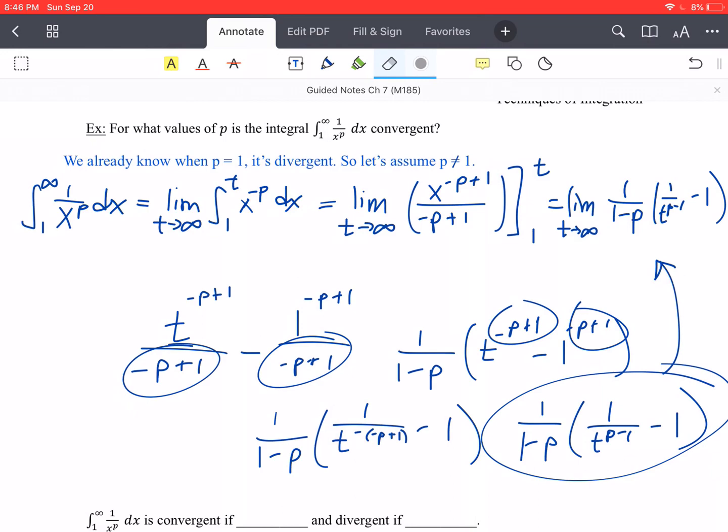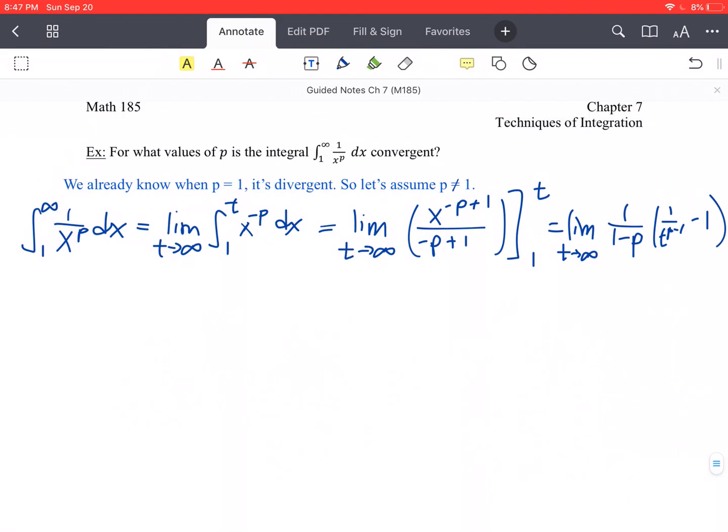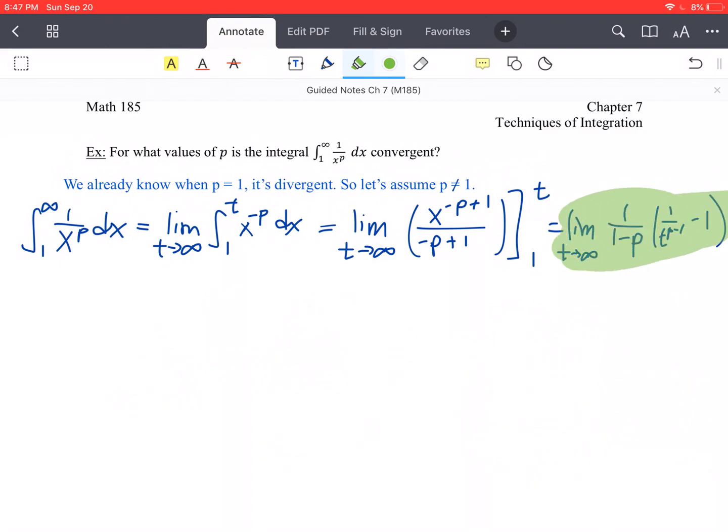I'm going to go ahead and erase this work so we have some more room. Okay. So this is the formula that we're going to be utilizing to determine what values of p are going to make this convergent.